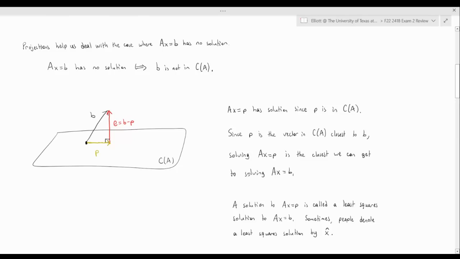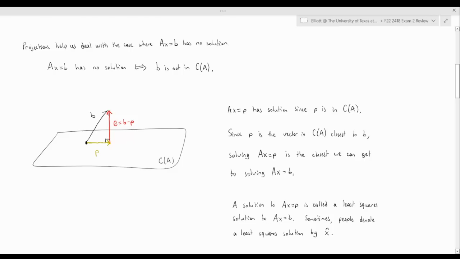And since p is the vector in the column space that is closest to the vector b, then in some sense, that means that solving the equation Ax equals p is the closest that we can get to solving the original equation Ax equals b, okay? So a solution to the equation Ax equals p is called a least squares solution to the original equation.